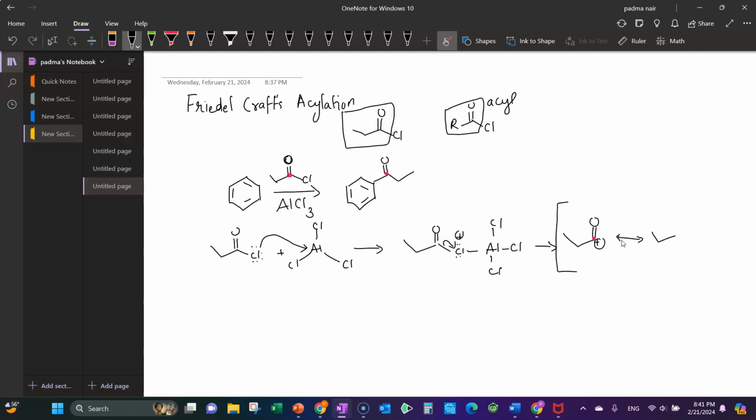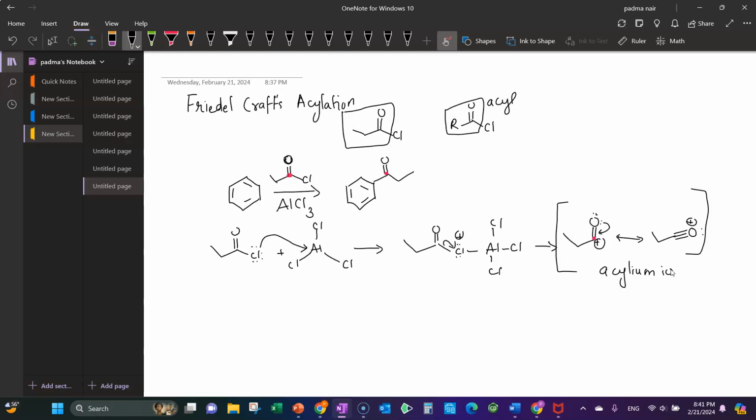So you can actually use this pair of electrons from oxygen, and you can form a triple bond to the oxygen, but it will get a positive charge, right? Not one of the major contributors to the resonance, because oxygen has a positive charge, but still this acyl ion, we call it an acylium ion.